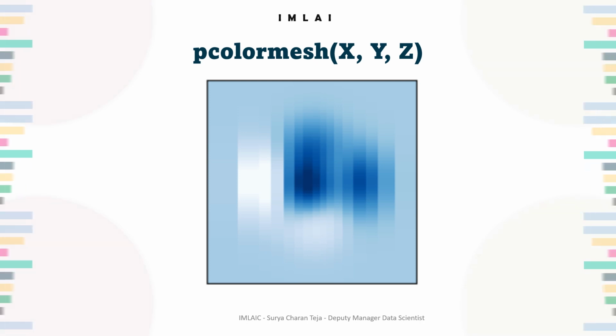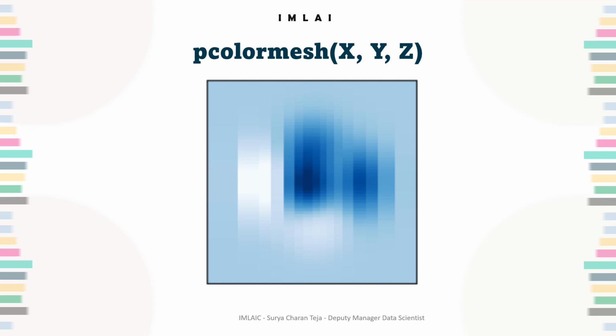After that we give two more things, like C is the other one, and then keyword arguments. Here the most important one: x and y can be used to specify the corners of the quadrilaterals, and C is an array-like thing that you have to mention there.